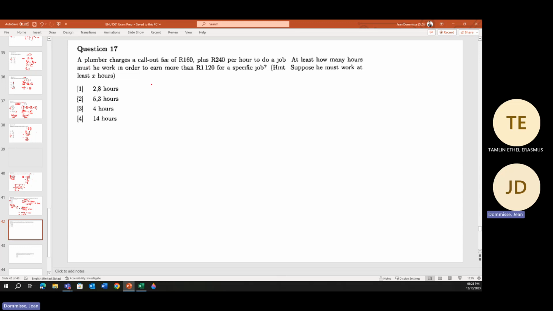A plumber charges a call out fee of 160 Rand plus 240 Rand per hour to do a job. At least how many hours must he work in order to earn more than 120 Rand for a specific job? Suppose he must work at least x hours.